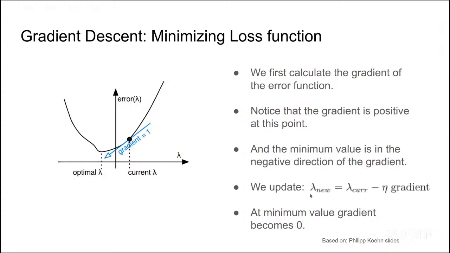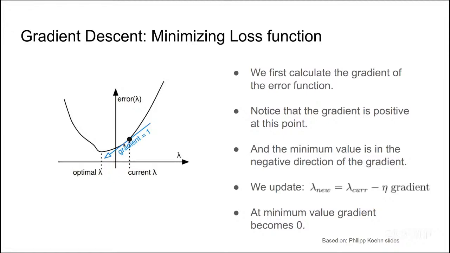We update the new lambda by taking a small step in the negative gradient direction: lambda new equals lambda current minus eta times the gradient. Eta is a very small value, say 0.001. So from here, you move to this particular point.